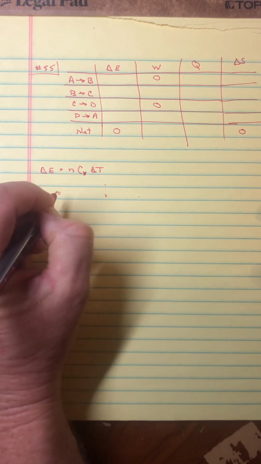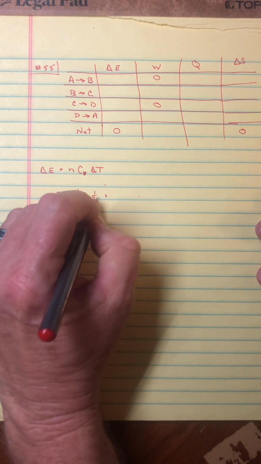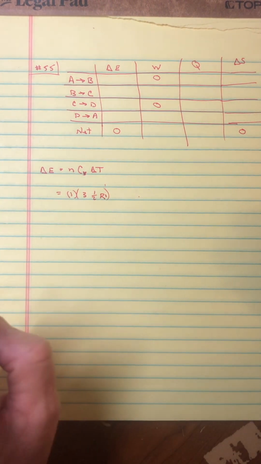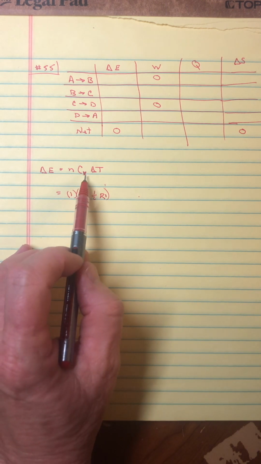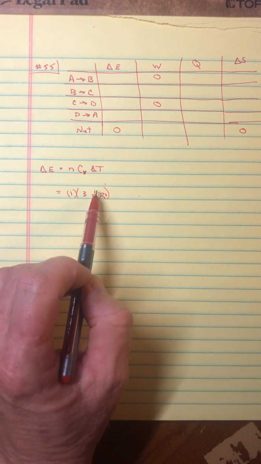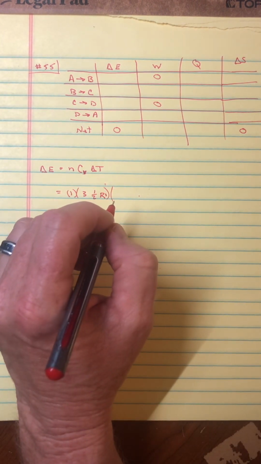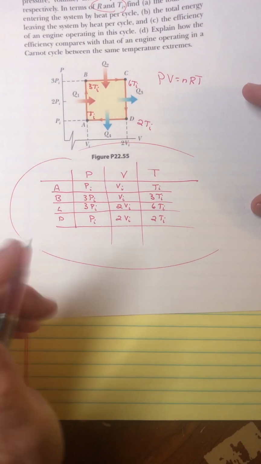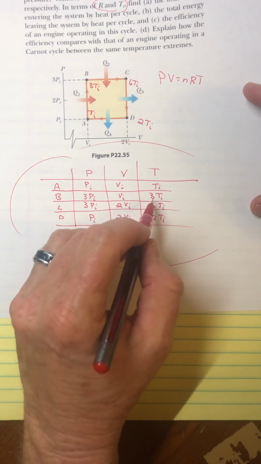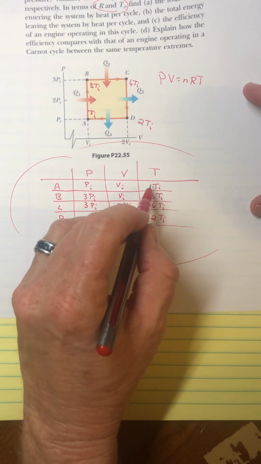Okay. So in this process, they tell me I had 1 mole. And as we mentioned earlier, it's monoatomic. So the number of degrees of freedom is 3. So the molar specific heat at constant volume is 3/2 R. And if we come back to our chart here, the change in temperature would be 3T initial minus 1T initial.